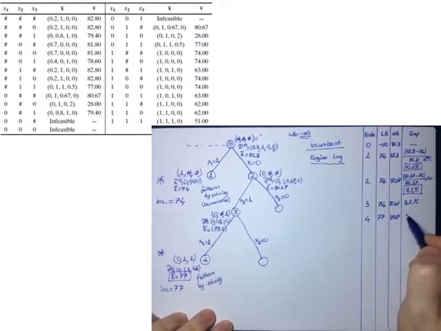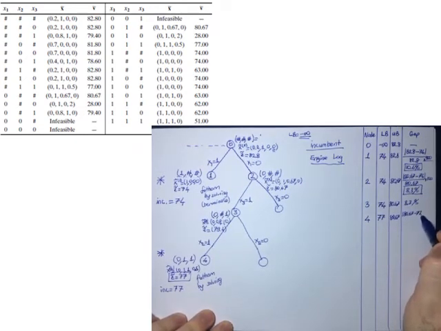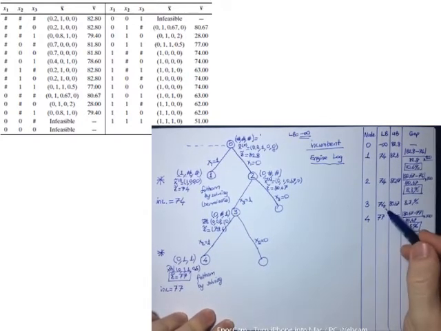And the new gap value will be 80.67 minus 77 divided by 80.67 multiplied by 100. If you calculate this, you would obtain a gap value of 4.5%. Okay, your gap is updated because your lower bound is updated.